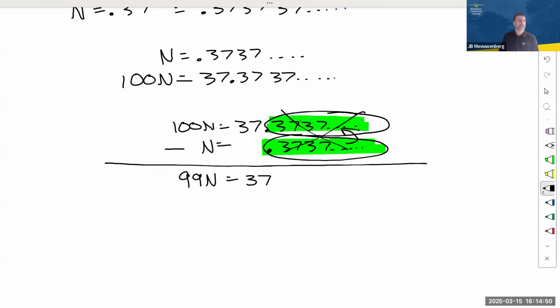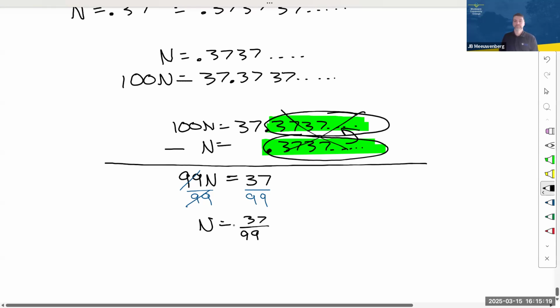So again, we're taking the top number minus the bottom number, and we're left with this nice, neat little algebraic equation: 99n equals 37. And if you recall from some previous algebra experience, when you're trying to solve for your variable, you're going to divide by whatever it's multiplied by. And we get n is equal to 37 over 99.